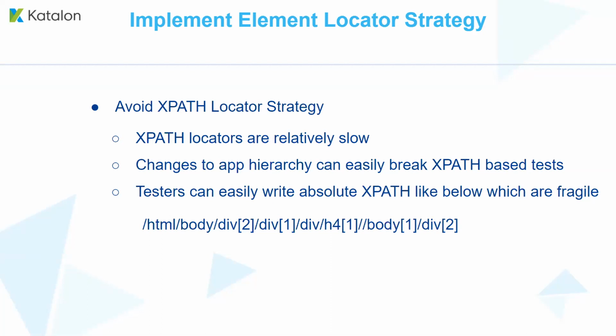Also, XPaths in general are slow, in the sense that they cause the test case to execute slowly because they take a longer time to find the element. That causes the execution cycle to be slow overall.